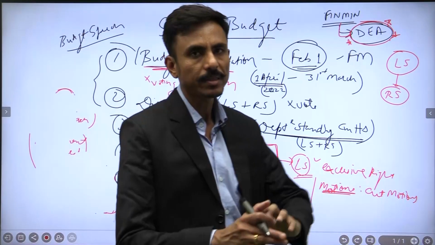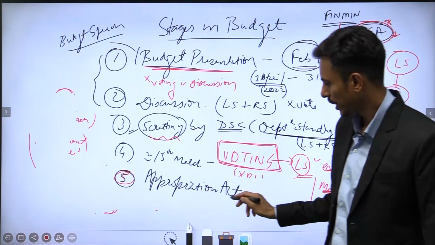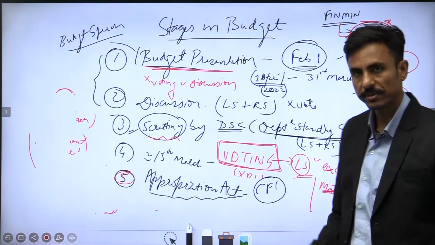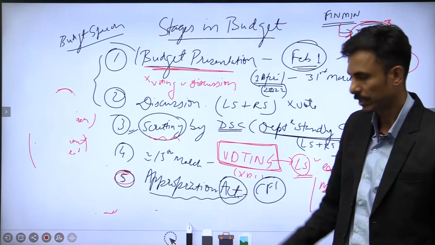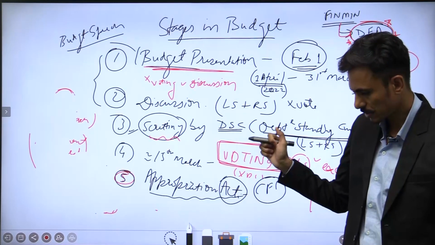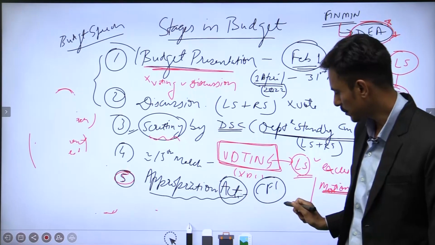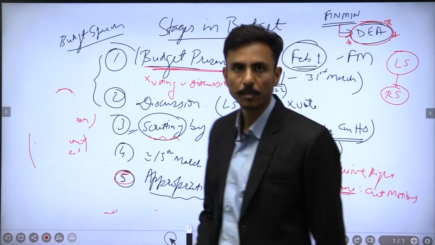Whatever demand is accepted and granted can be withdrawn from the Consolidated Fund of India, which is the public exchequer, and it becomes an act when the president signs it. So whatever money is sanctioned in the budget can be withdrawn from the Consolidated Fund of India after the passage of the Appropriation Act.